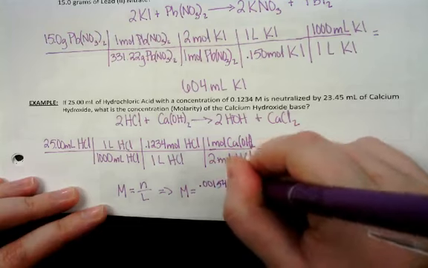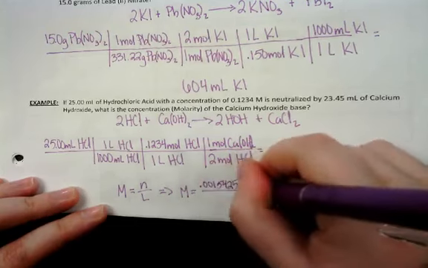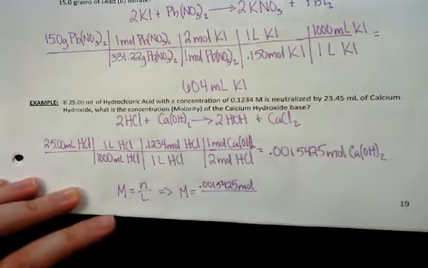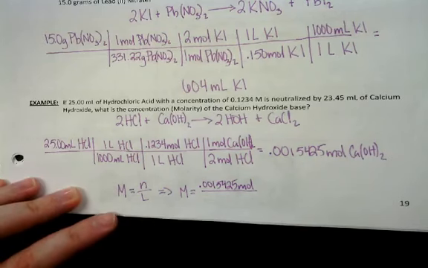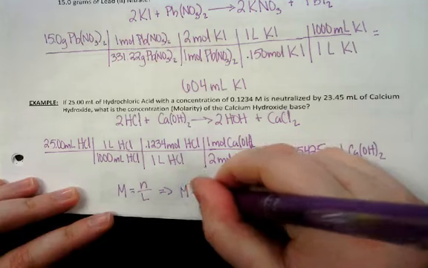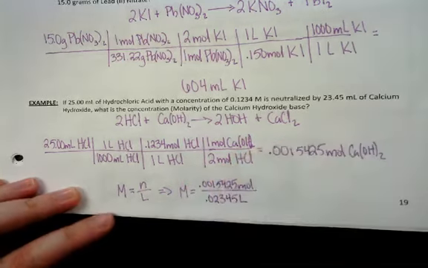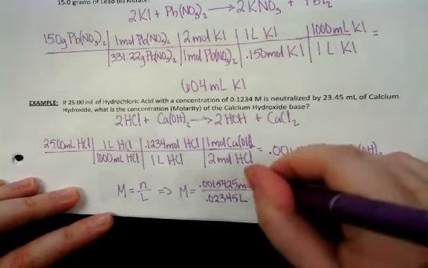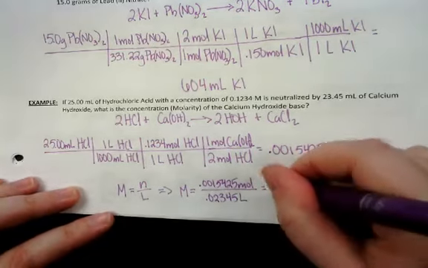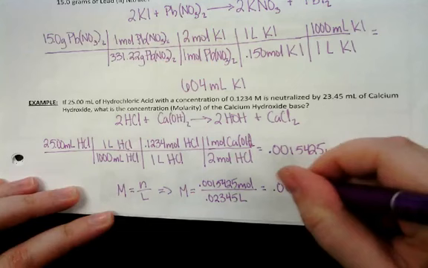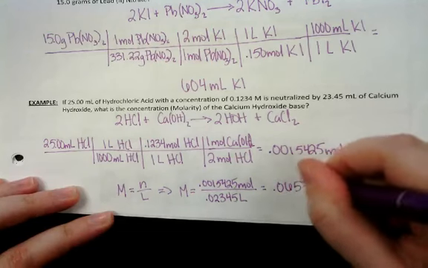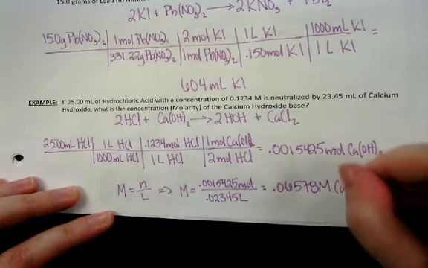And then what is my volume? Perfect, 0.02345 liters. And then whenever you plug that in, you're going to get 0.06578 molar calcium hydroxide.